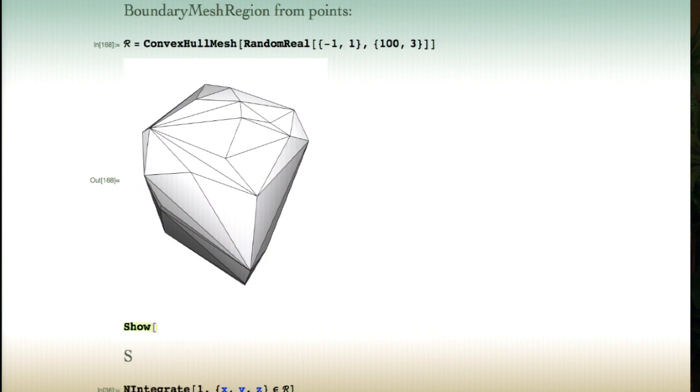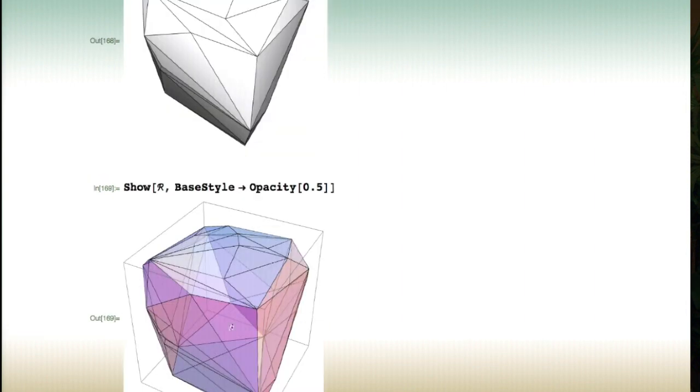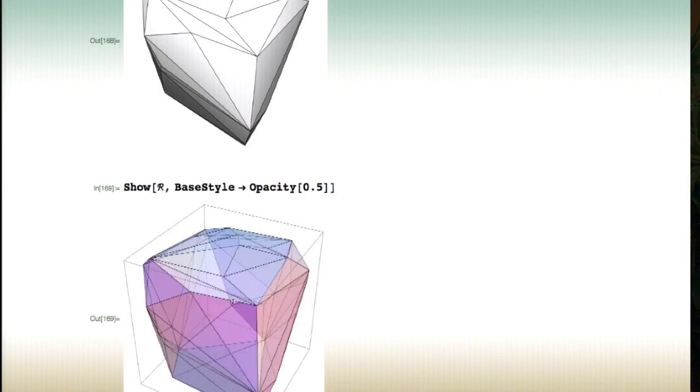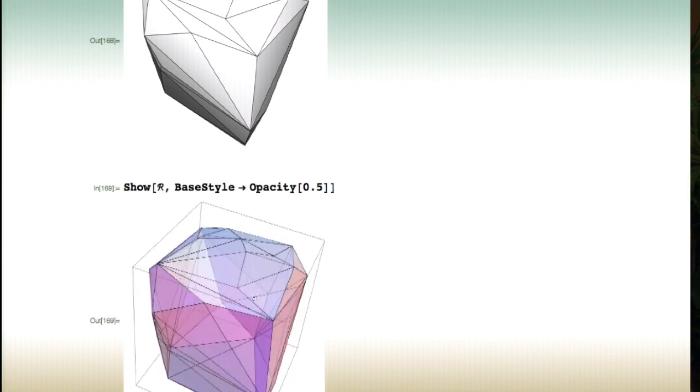If I show this one, it auto converts to graphics right now when I use show. But if I set base style opacity to 0.5 or something like that, you can see that this one does in fact not have any tetrahedra inside of it. It's just a boundary.